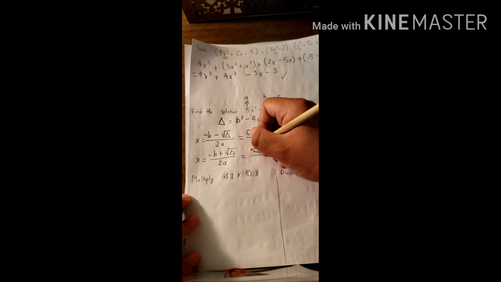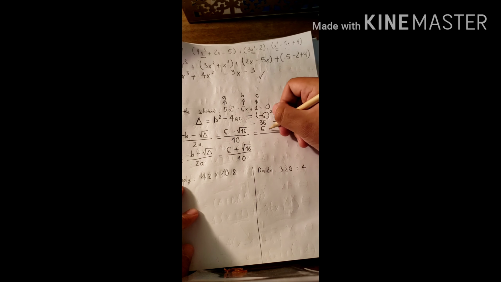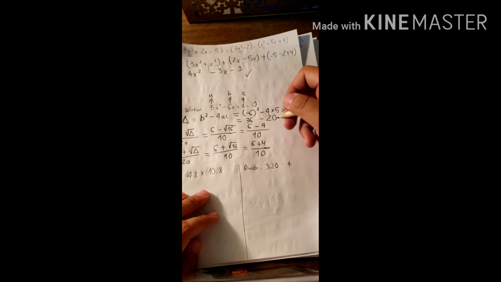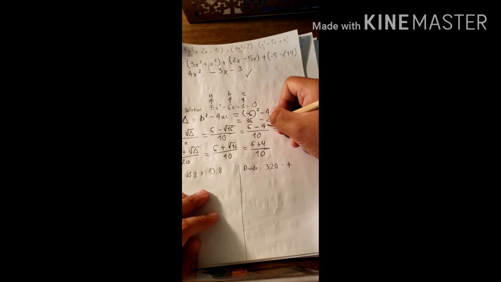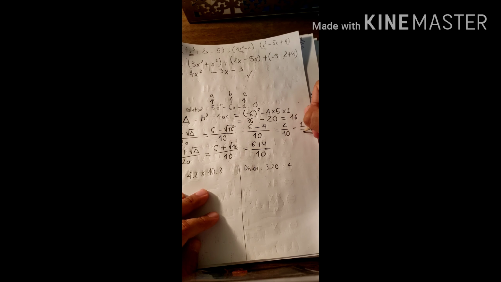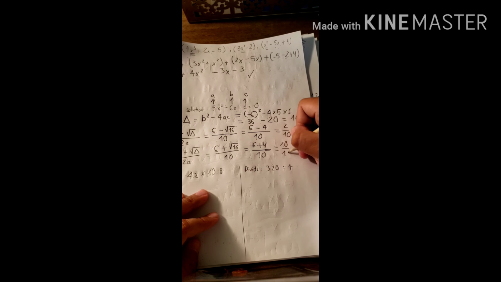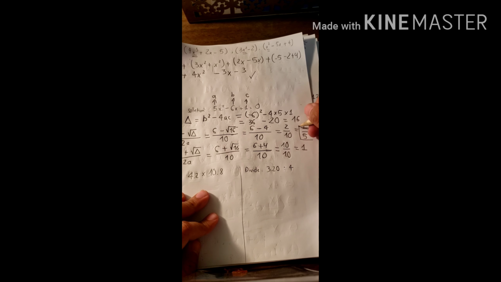So the similar in here too. 6 minus 4 divided by 10 and 6 plus 4 divided by 10, and we have 6 minus 4 is about 2 over 10. We can simplify to 1 over 5. 6 plus 4 is about 10 over 10. We can simplify to 1. So that we have two solutions.